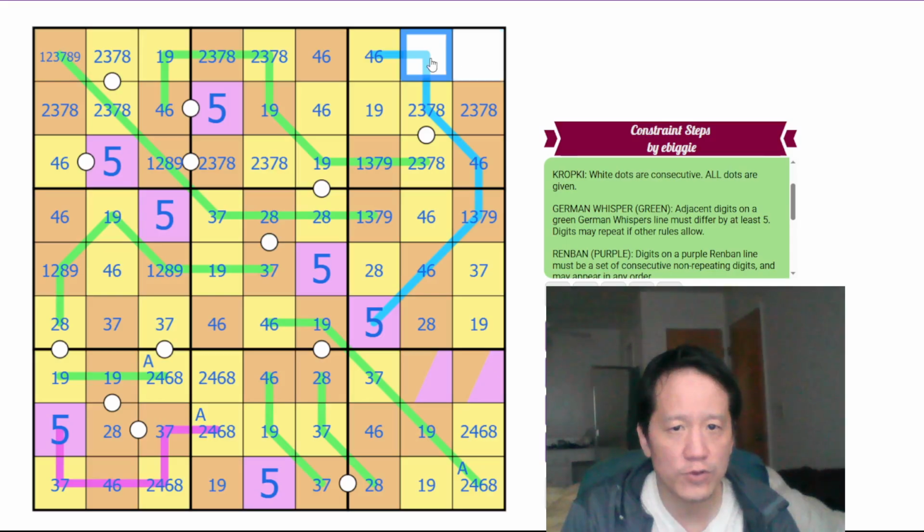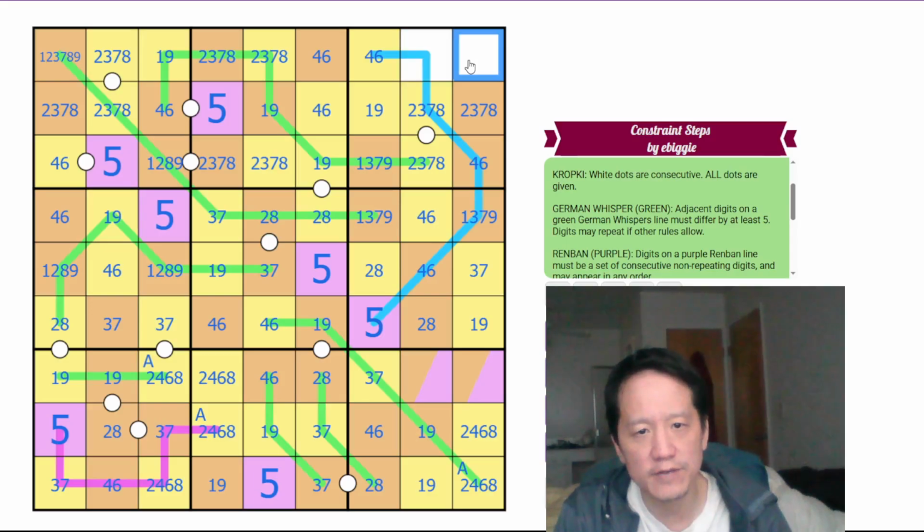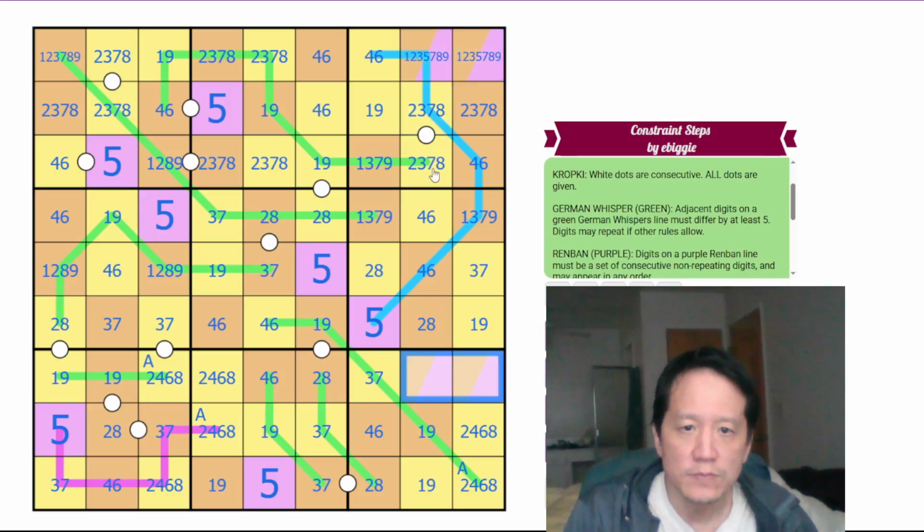Here we're looking for the orange 1, 2, 3, 7, 8, 9, and then 5. So it's 5, 1, 2, 3, 7, 8, 9. We're not sure which is which. Okay, so these are the same.